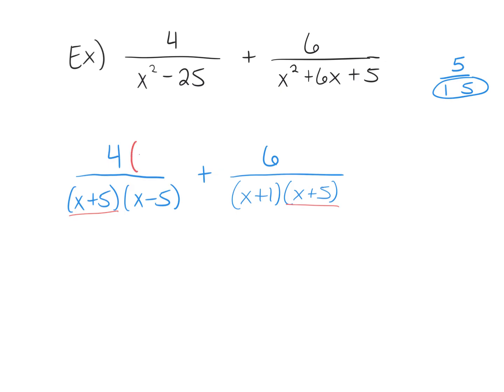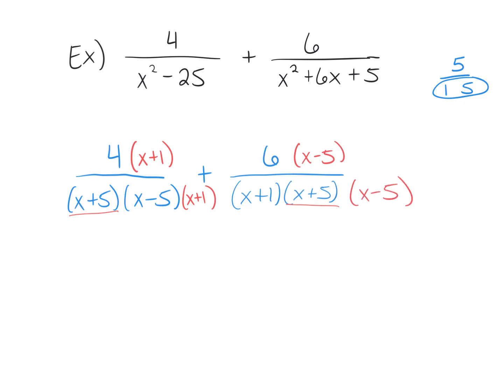I multiply it to the top and I multiply it to the bottom. Okay, what is this one missing that this one has? What's the right one missing that the left one has? X minus 5. So I multiply it on the top and the bottom by x minus 5.